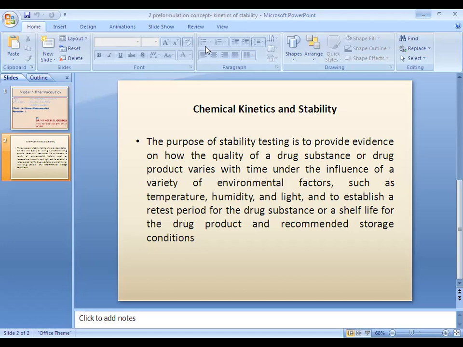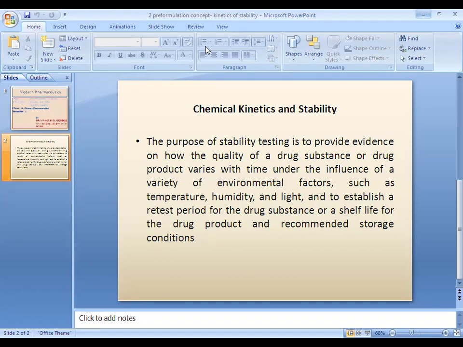The patient expects that the product will have a reasonable shelf life, even though the pharmaceutical manufacturer labels prescription and over-the-counter drug products with expiration dating to guide the patient and consumer in this matter.